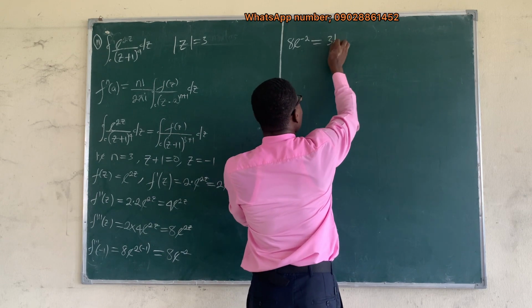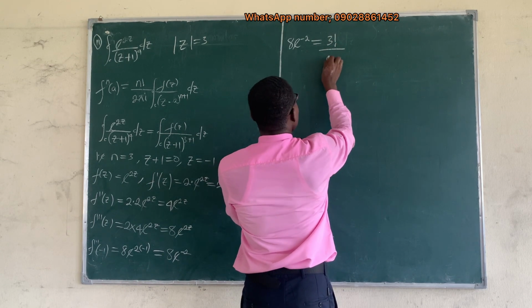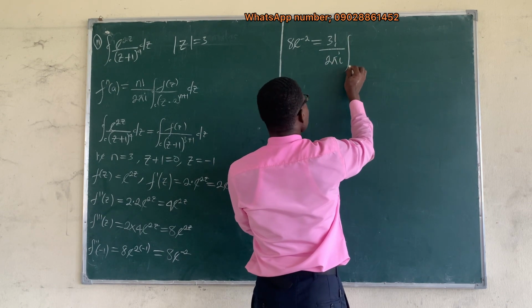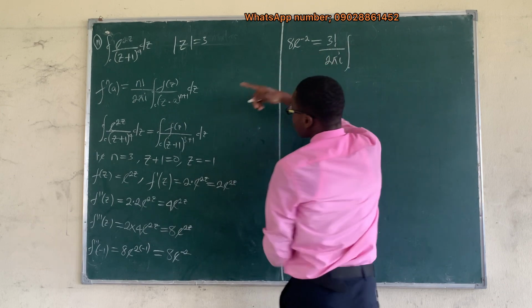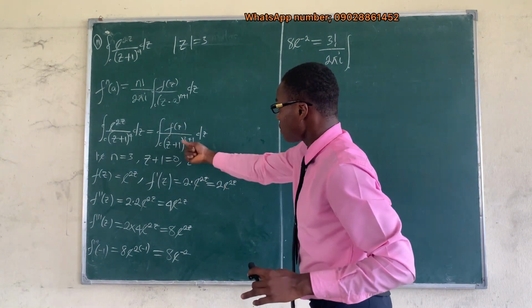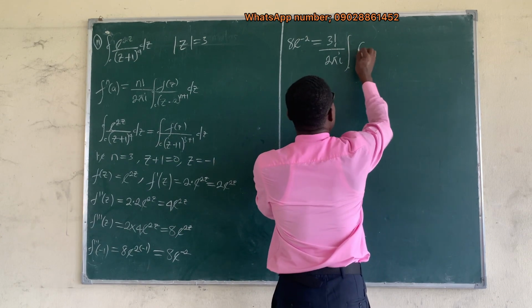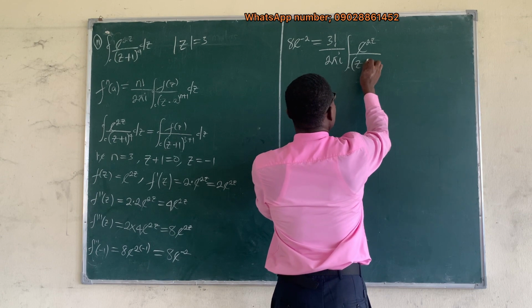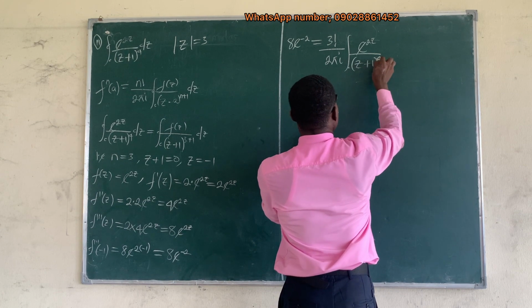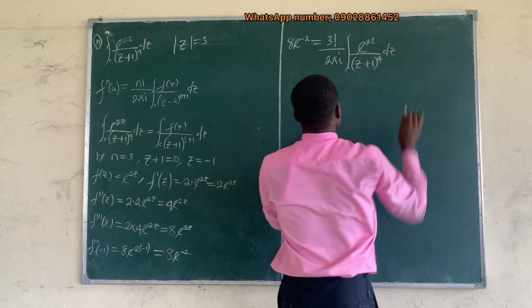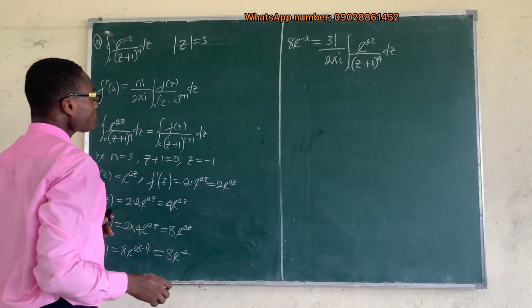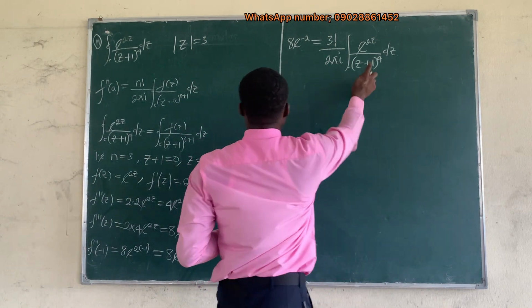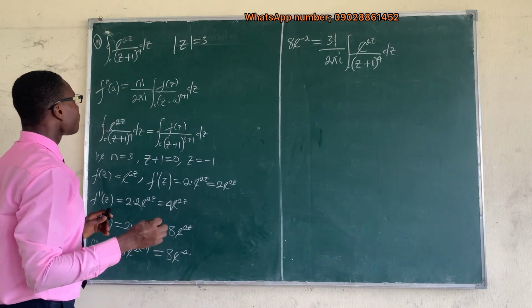So we have 3 factorial over 2 pi I, the integral of c of f of z over z minus a, and f of z over z minus a is exponential 2z over z plus 1 to the power of 4 dz. So let's make this the subject of the formula.